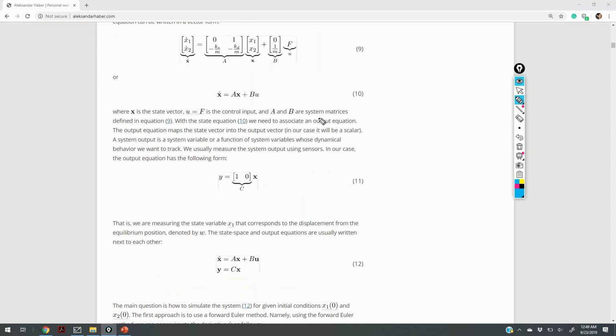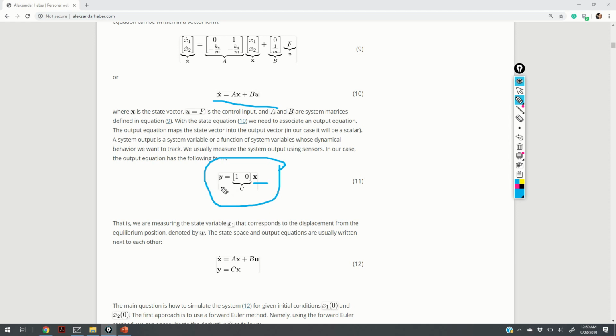With the state equation, we usually associate an output equation. So what is an output equation? An output equation is basically an equation that maps the state vector into the system output. So what is the system output? The system output is usually a variable, or a combination or a function of variables, that is observed or measured.